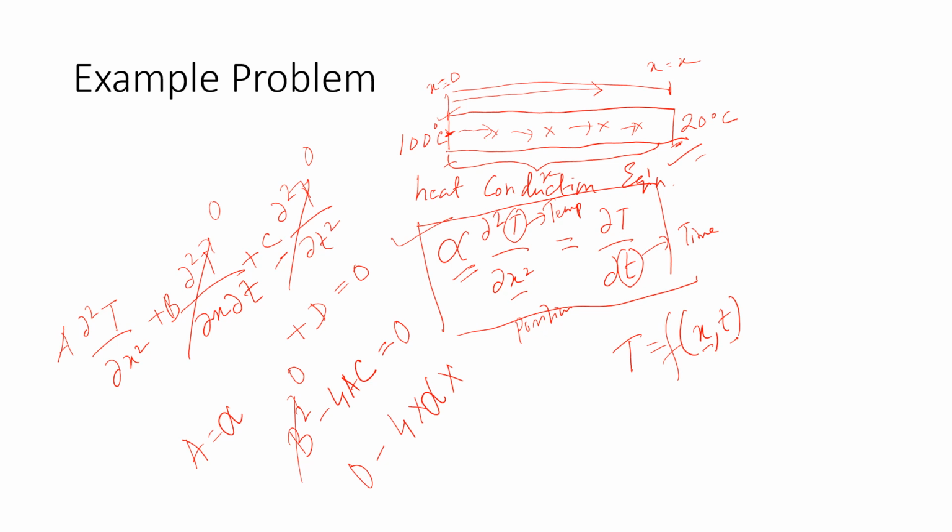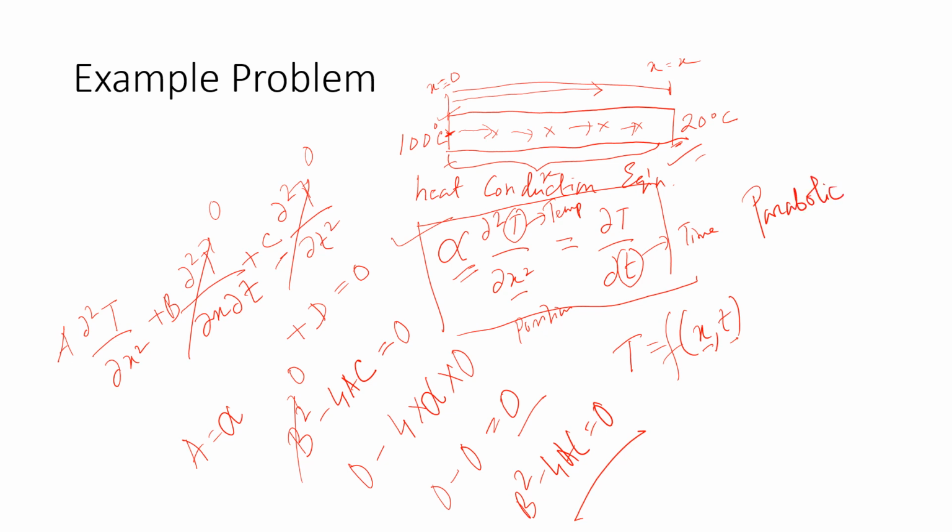There is no del square T by del t square term, so its coefficient is also 0. So this becomes 0 minus 0, which is 0.